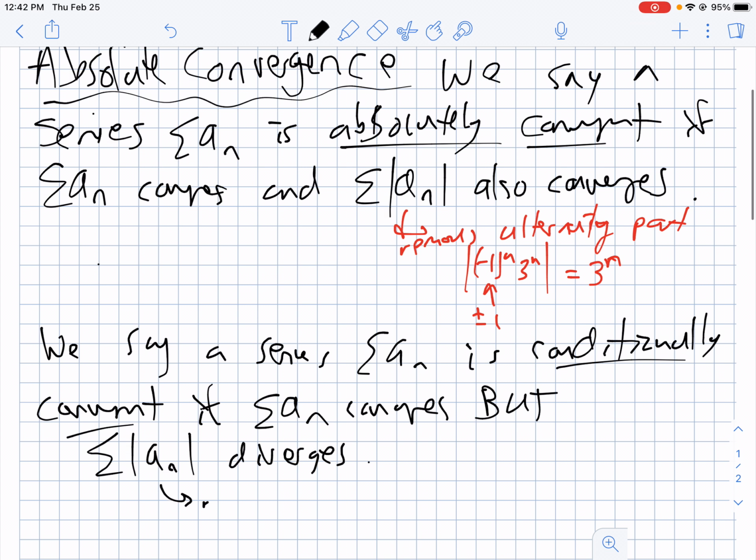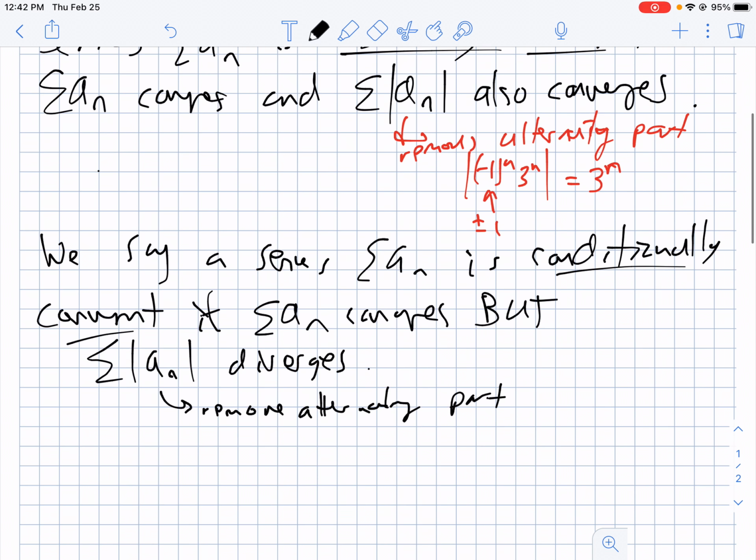So basically, if you remove that alternating part and you get a divergent series, that's something that's conditionally convergent. It's basically convergent, but that convergence is conditional based on that alternating part. It basically only converges because of the negative 1 to the n or negative 1 to the n plus 1 or whatever.